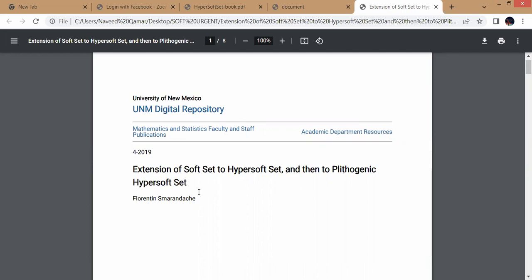We had discussed this paper earlier in great detail with the help of many examples. You can see the previous lecture for understanding of this paper.